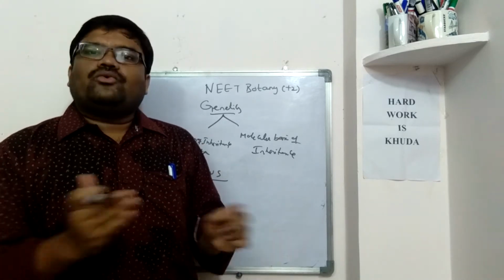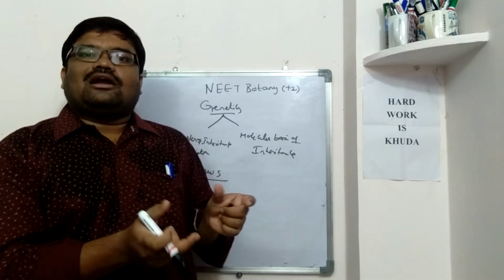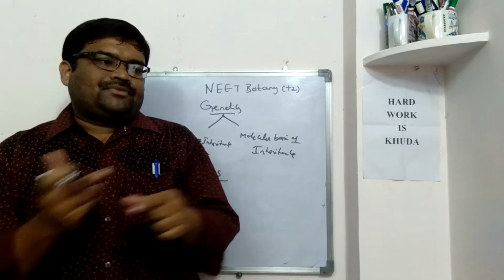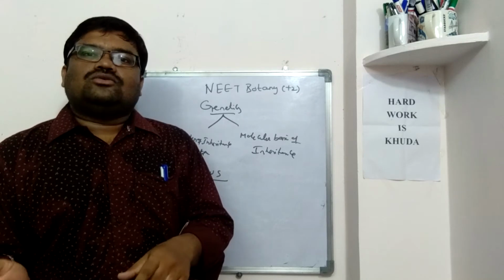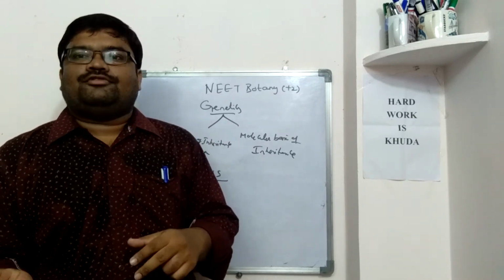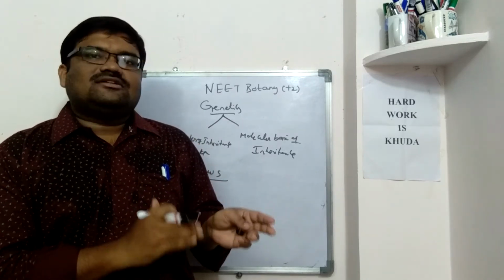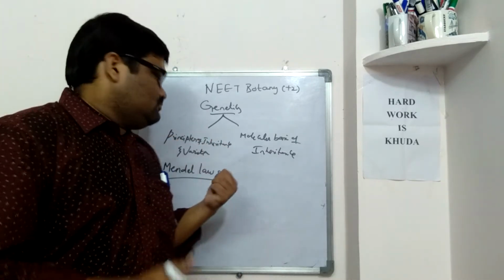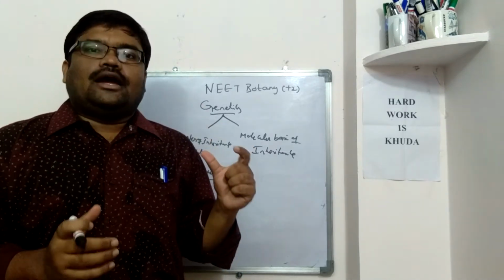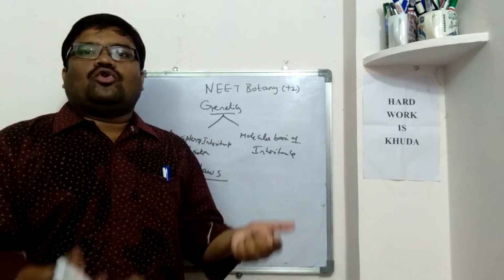Seed color, yellow, green. Flower color, violet and white. Pod shape, inflated, constricted. Pod color, green, yellow. Stem, tall, dwarf. And flower position, axial, terminal. 7 pairs of contrasting traits used by Mendel to understand and to propose his observations, what we call Mendel's laws.